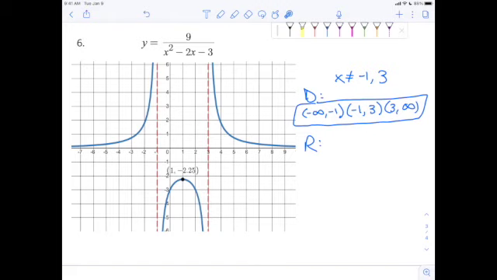Its range, you will notice that there is a horizontal asymptote. You can see the graph is flattening out at y equals 0. And so when you come up here, though, be careful. When you come up from negative infinity, the graph does exist, but it stops right there. It has a maximum y value of -2.25.